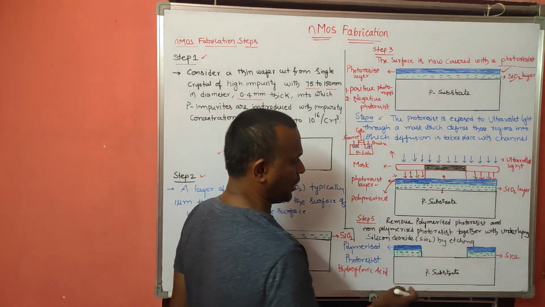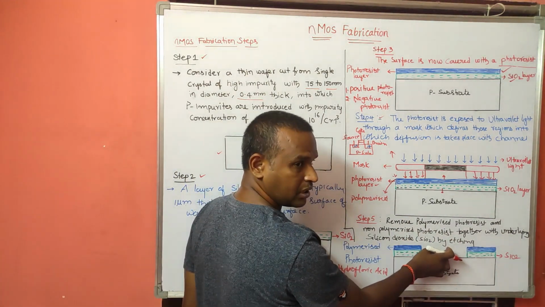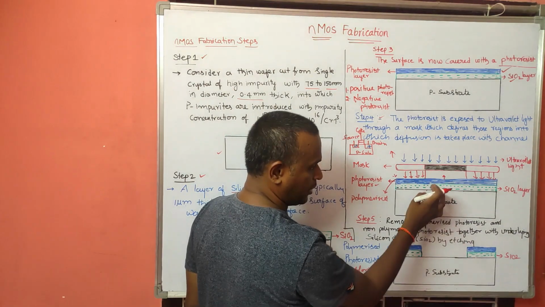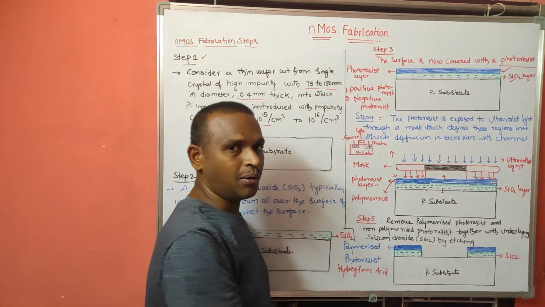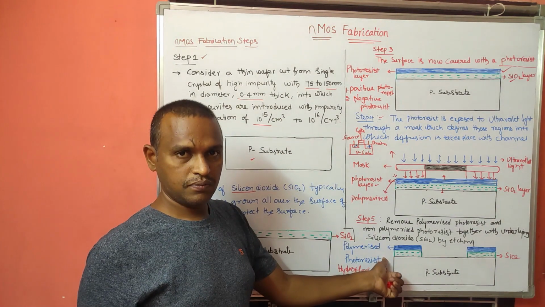So in the next step we have removed this photoresist and the SiO2 under it, and this one is the polymerized photoresist.